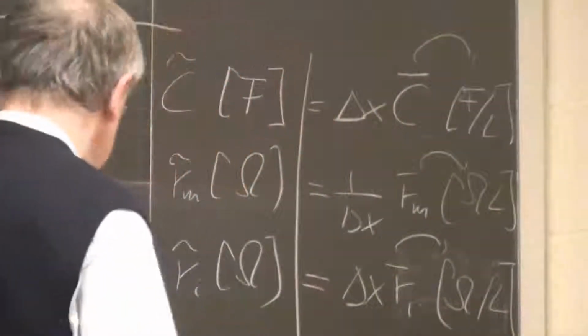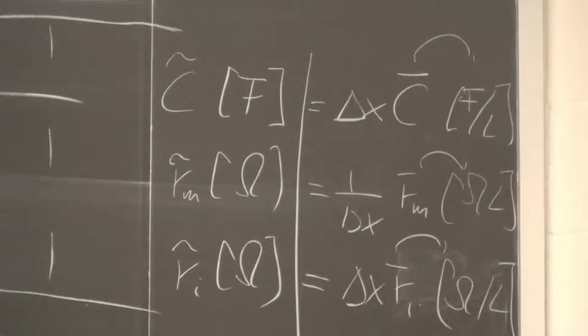Okay, good. So now I can rewrite my equation as follows: C bar times delta x dV/dt, plus G times 1 over Rm bar.